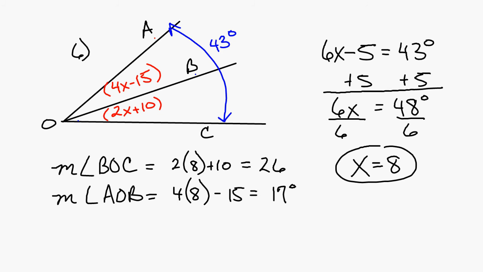So those are your two angles. You can double check them and add them together. 26 plus 17 is 43. Okay? And here's your 43, and here's your 43. Any questions on number 6? Make sure you set the expressions equal to the big angle.